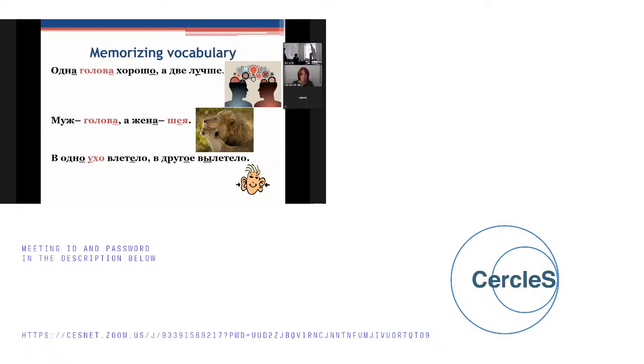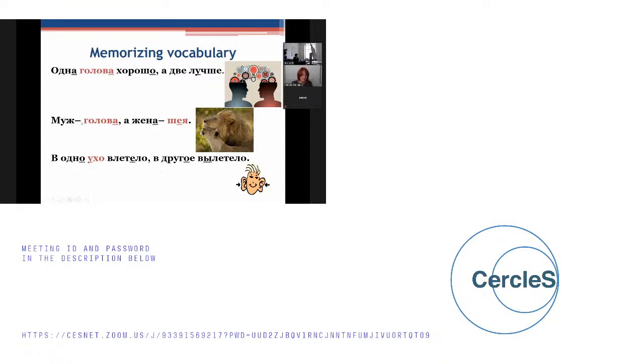So what we do with students, we read these proverbs, they find the names of parts of the body in them, and we translate these proverbs, and then they send message in their own language. And we have fun comparing cultures and comparing what the messages are given in different cultures.